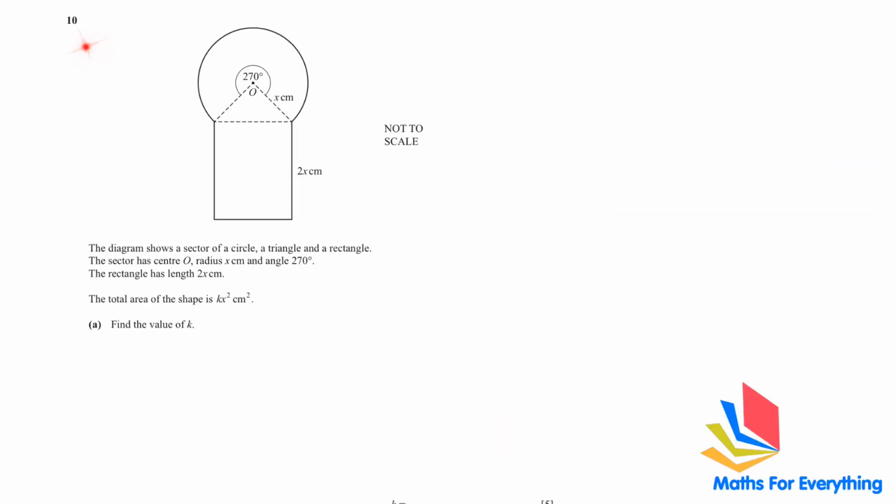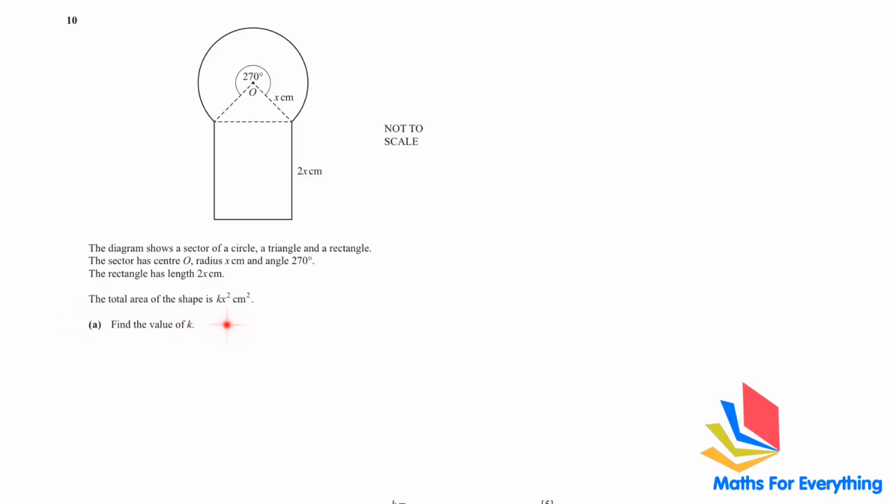Question number 10. The diagram shows a sector of a circle. So this is the sector of the circle, a triangle and a rectangle. The sector has center O, radius x centimeter and angle 270 degrees. The rectangle has length 2x centimeter.